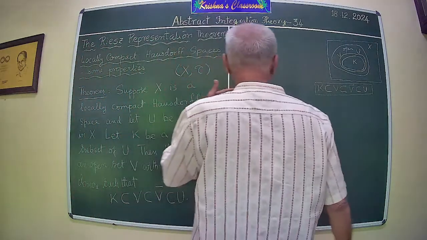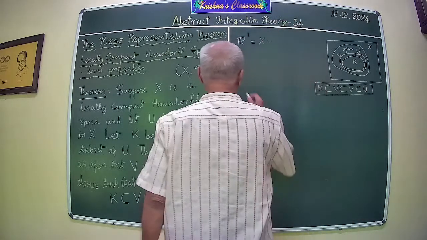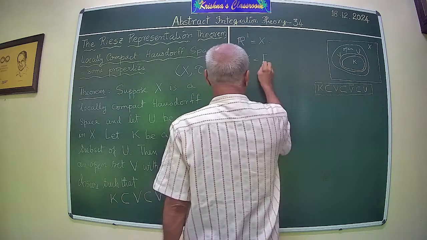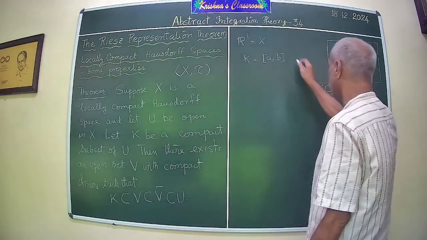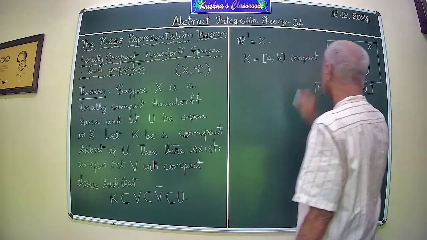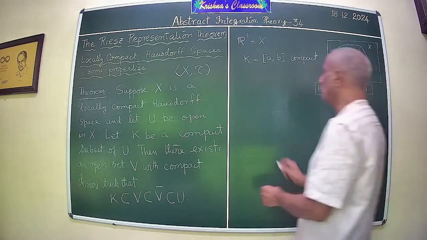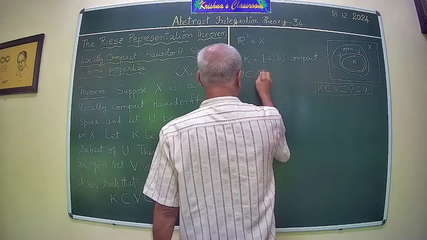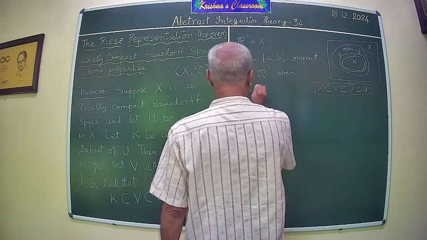Now let us take a compact set. So let K be equal to a closed bounded interval, which is compact. Now let U be some subset of R1 which is open and K is contained in it.